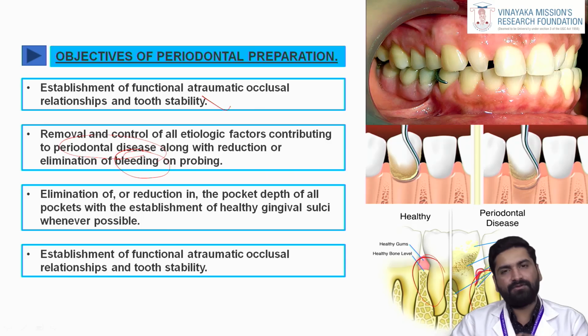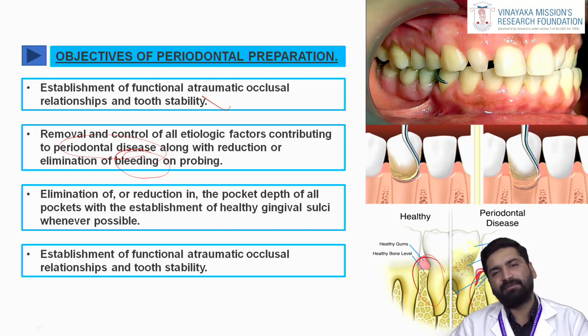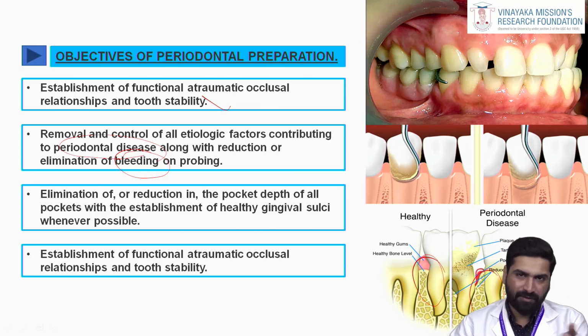If your abutment teeth or their foundation, that is the periodontal ligament structures, are not healthy and sound, then eventually in future something happens to that abutment tooth where you have placed the clasp, it starts becoming mobile and ultimately goes for an extraction.